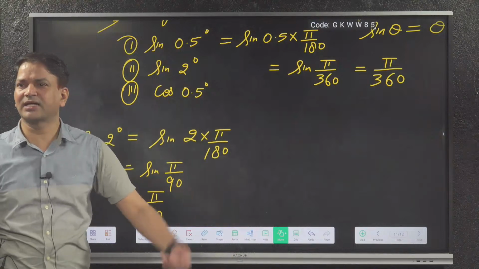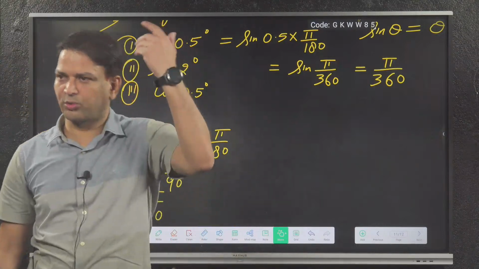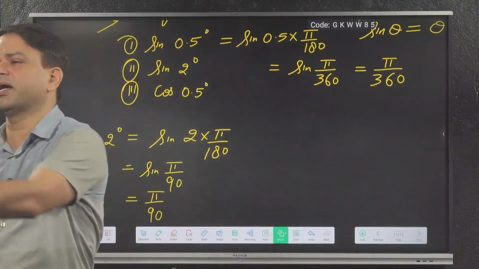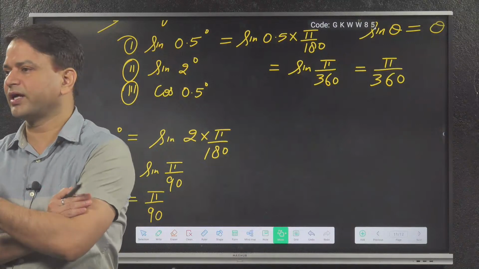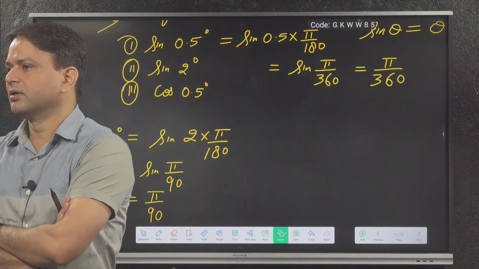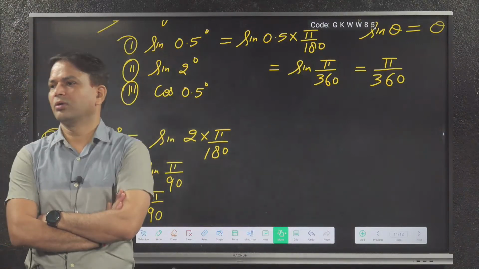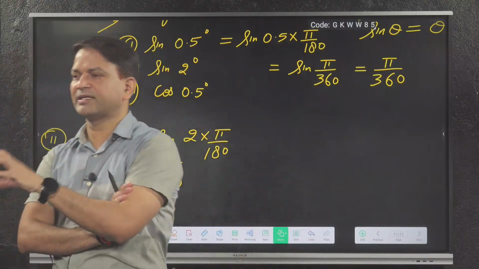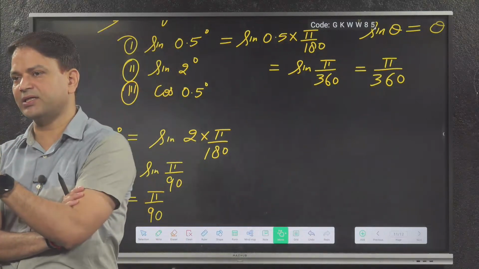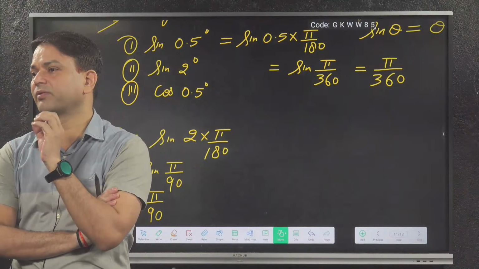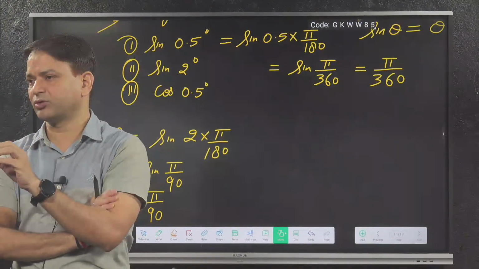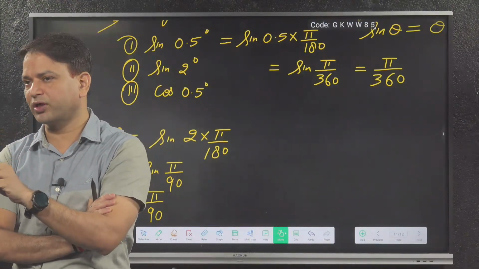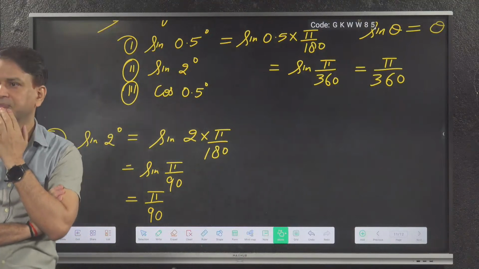I cannot say exactly that cos 0.5 degree is 1, but it will be 0.99, so we can take it as 1. So for small theta, sine theta can be written as theta, tan theta can be written as theta, and the value of theta must be in radians. If they have given it in degrees, first we have to convert into radians.